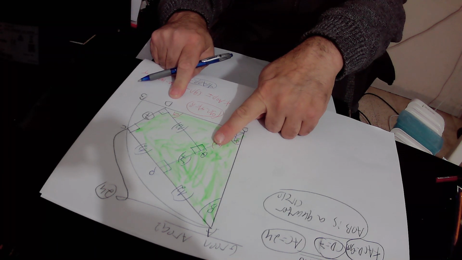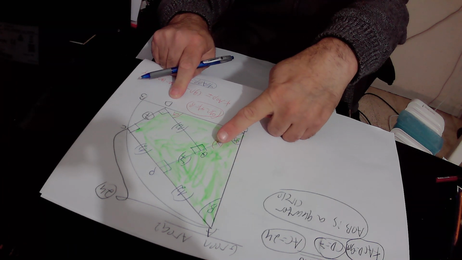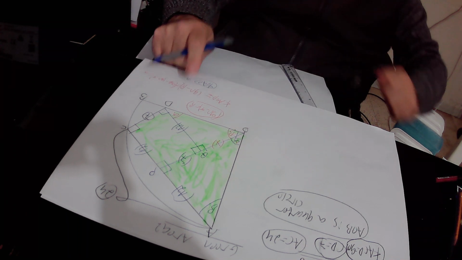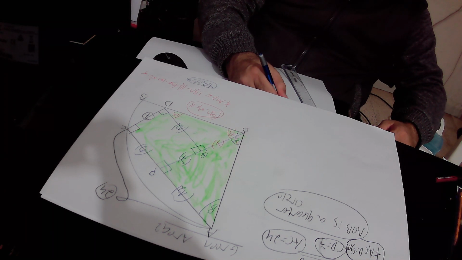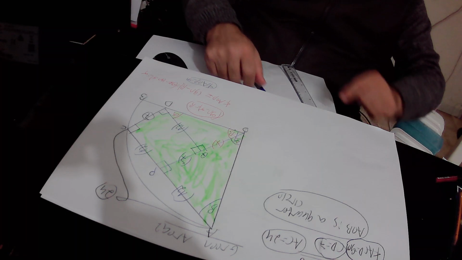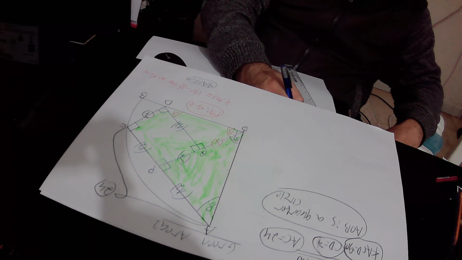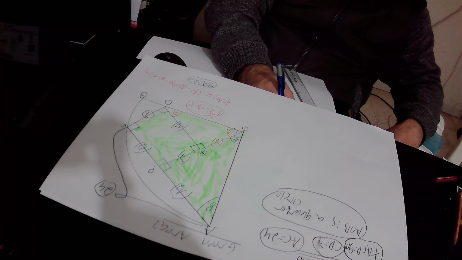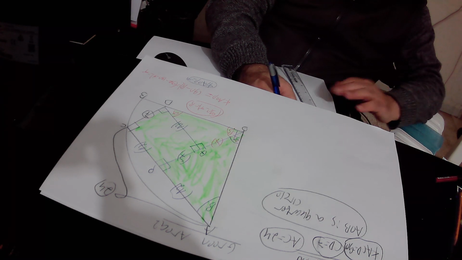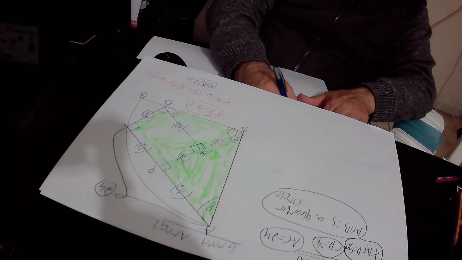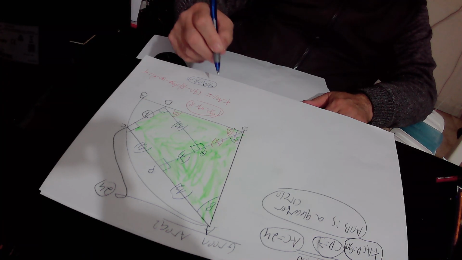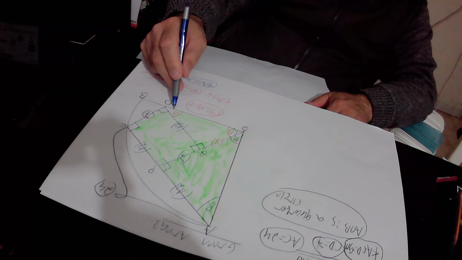Side QD of this right triangle OQD equals 12 units. OQ equals x according to our definition. And angle ODQ, this angle, equals alpha.